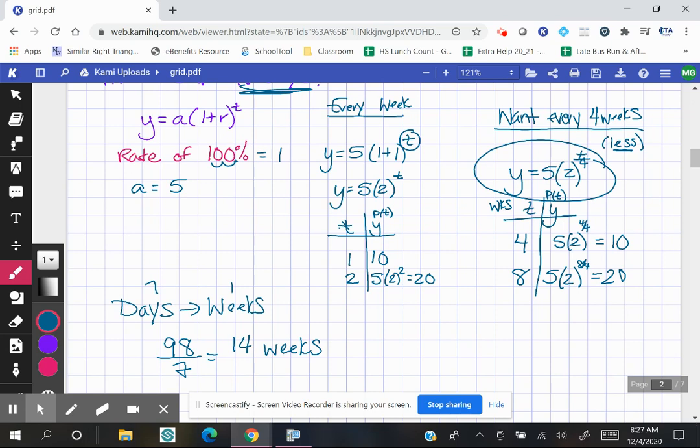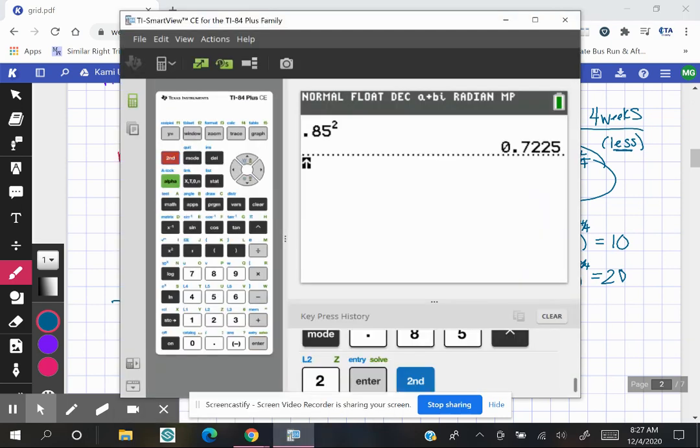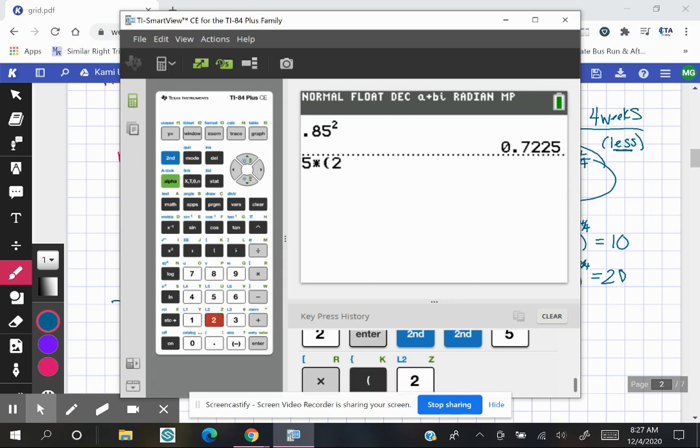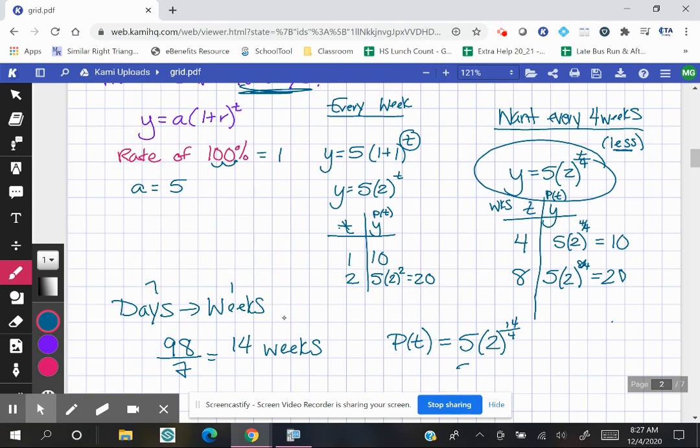So now I need to figure out how many rabbits I'll have then. So P of t equals 5 times 2 raised to the 14 over 4. And then you just go to your calculator. You could actually put that in your y equals and graph it that way as well. So 5 times 2 raised to the 14 divided by 4, and we get 56.568.